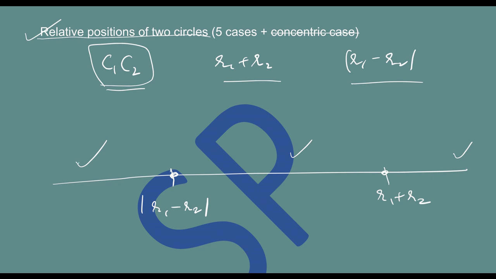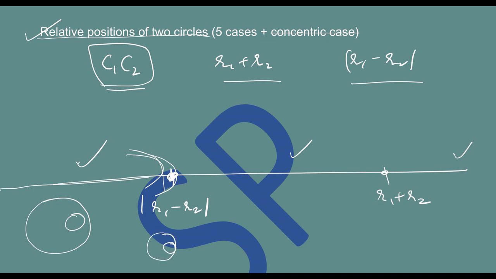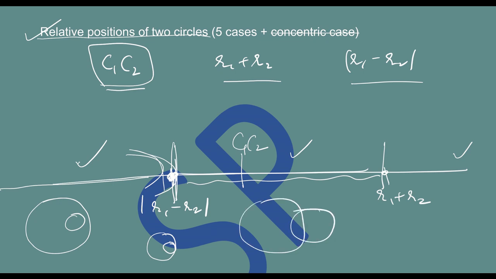So if C1C2 is going to lie here in this region, you will get this case, one lying inside the other. You know that if this is the story, that means the circles are touching internally like this. If C1C2 is going to coincide with this number, this is the case. Or if C1C2 is going to lie in this region, anywhere here, then the circles are going to intersect.